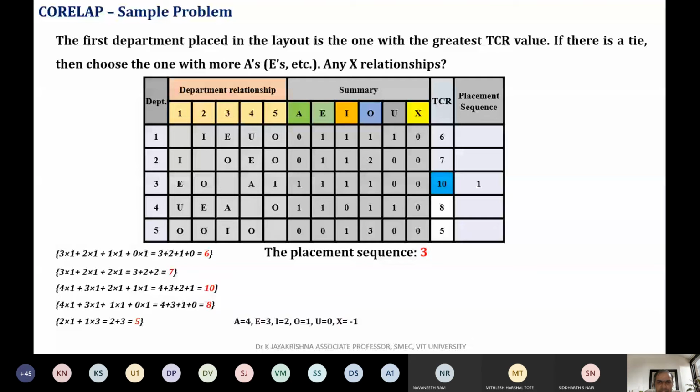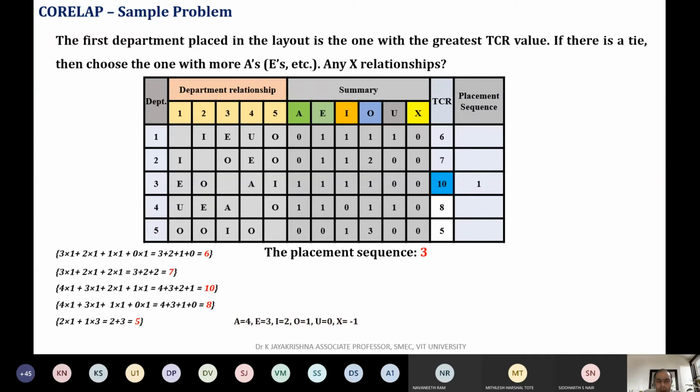Then we multiply that with the values of A, E, I, O, U, X: A means 4, X means -1, E means 3, I means 2, O means 1, U means 0. We multiplied that and calculated the TCR value. So I have given you the sample calculation to calculate the TCR values also.